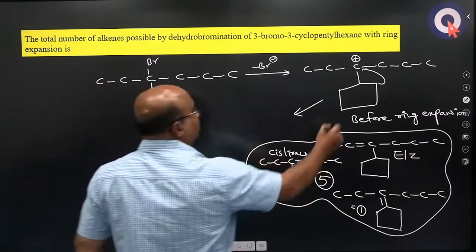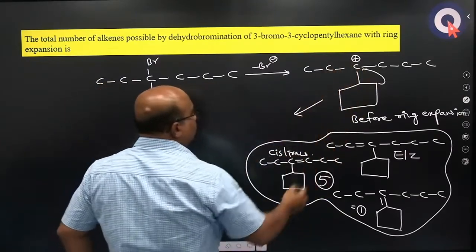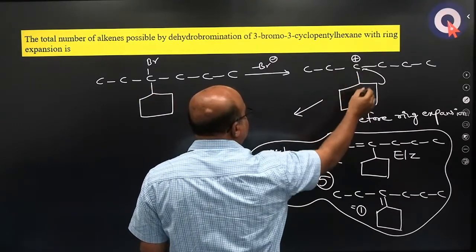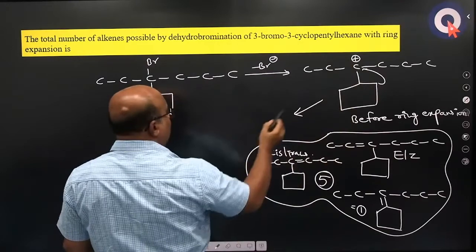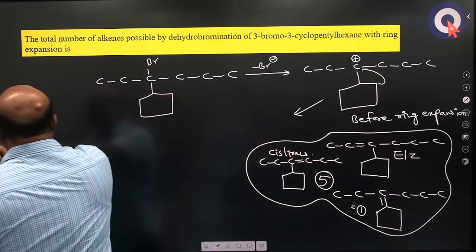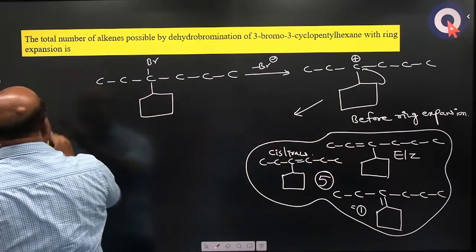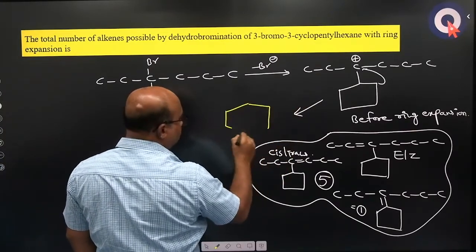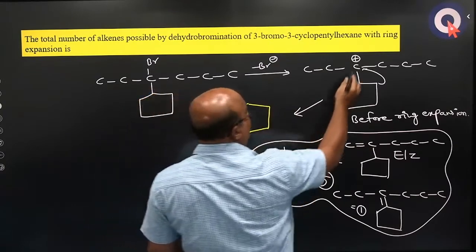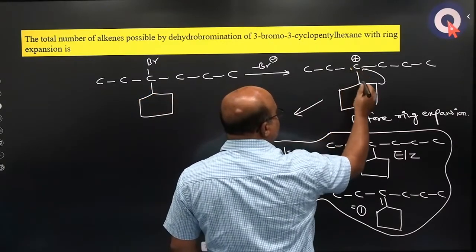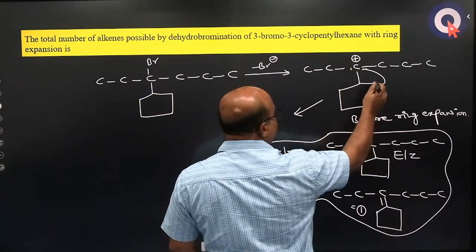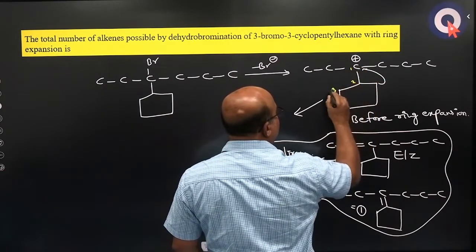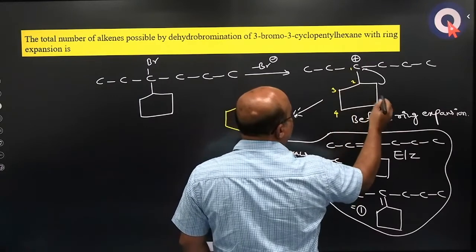So now let us do the ring expansion. The 5-membered ring having a positive charge will become a 6-membered ring. After ring expansion, this is what we see, a 6-membered carbon ring. This carbon is suppose 1, because we shifted this carbon to this. So 1, 2, 3, 4, 5 and 6.